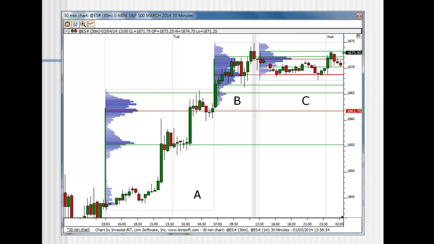So we are going to employ one of the most basic concepts here for our trading strategy, and that is the value area. We're going to look at where the value area is, and we're going to trade based on where price is relative to the value area.